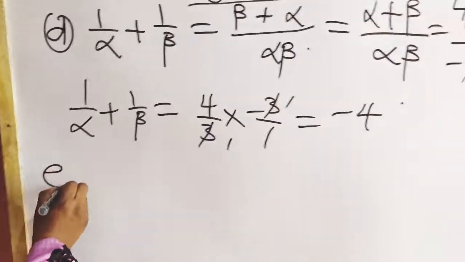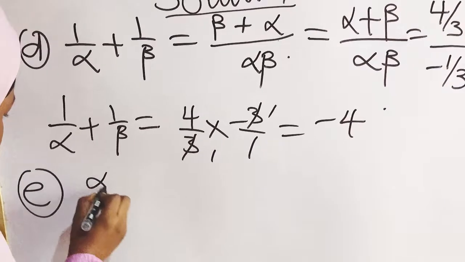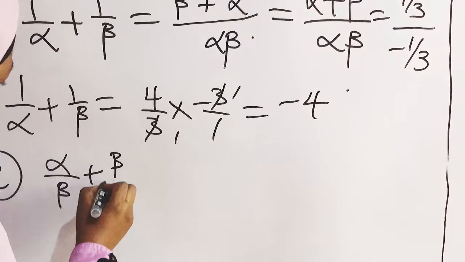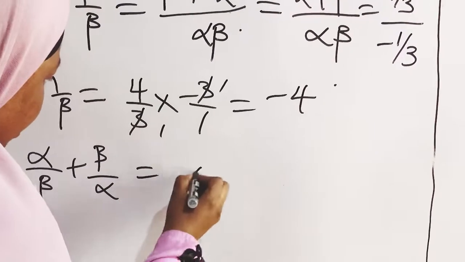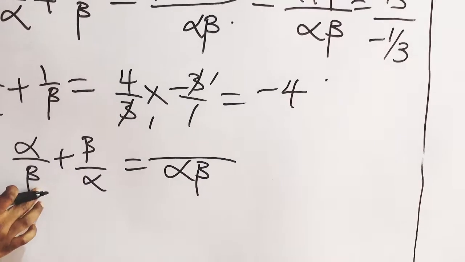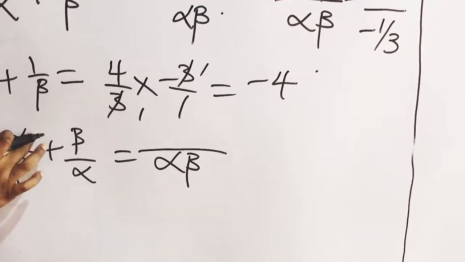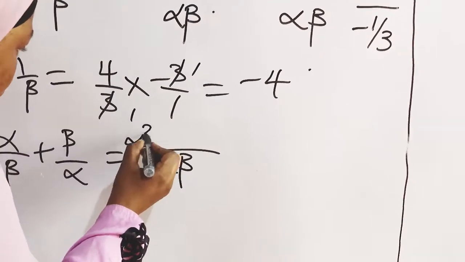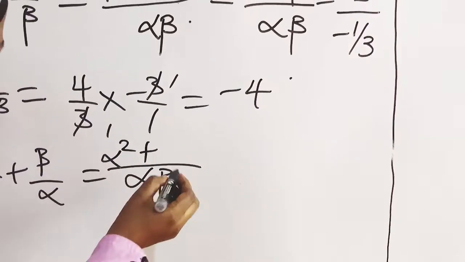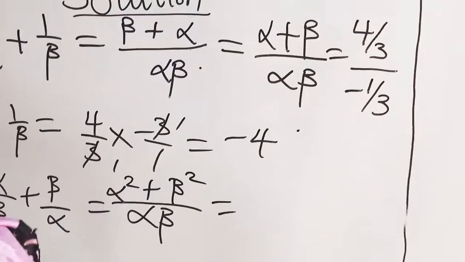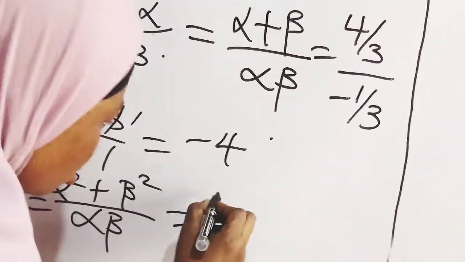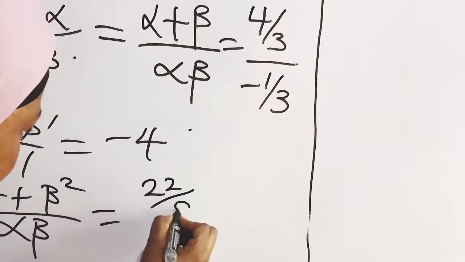E, alpha over beta plus beta over alpha. So the LCM is still alpha beta. So beta in alpha beta, alpha multiplied by alpha, that is alpha squared, plus alpha in alpha beta, beta times beta, beta squared. So alpha squared plus beta squared, we got 22 over 9 for that one.